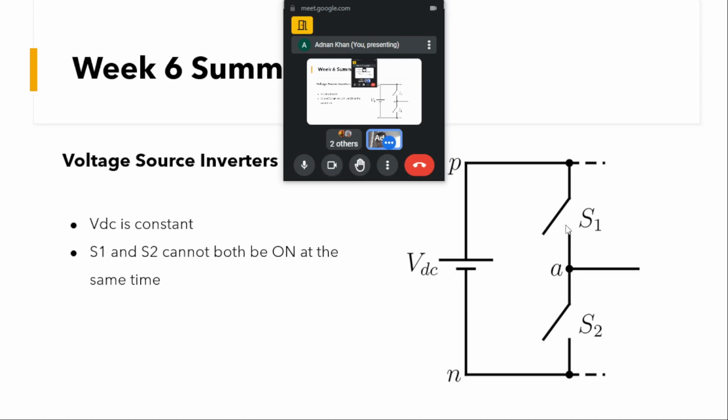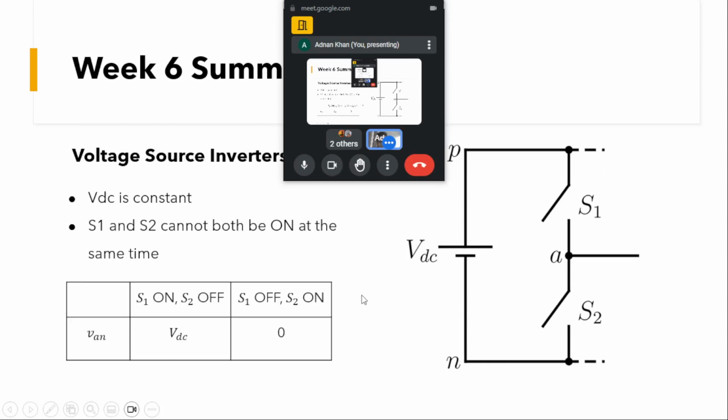Now we will see what happens if we turn off S1 and turn on S2. When S2 is turned on and S1 is turned off, you can see that point A will be connected to point N, so the voltage VAN will be equal to 0.